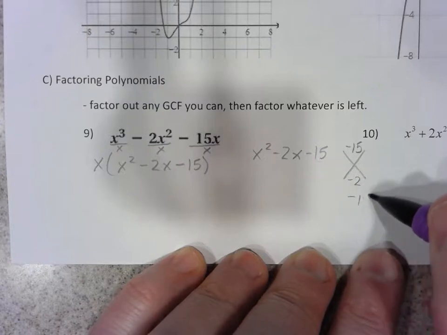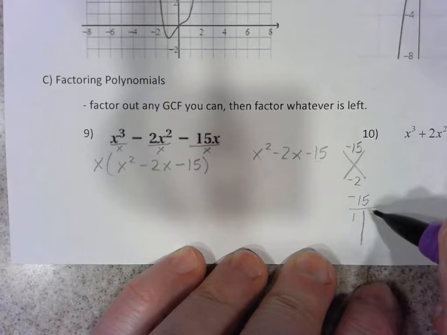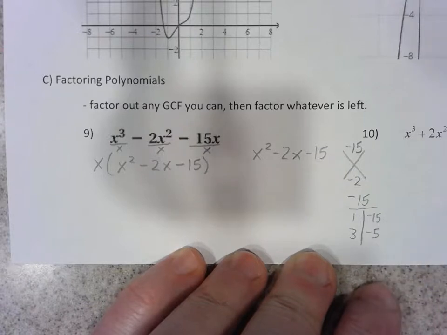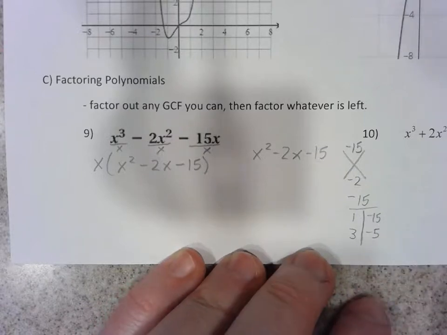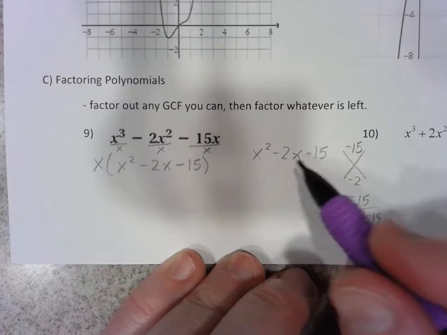And so if I make a little list here, 1 times negative 15, 2 doesn't work, 3 times negative 5, 4 doesn't work. But 3 plus negative 5 is negative 2.